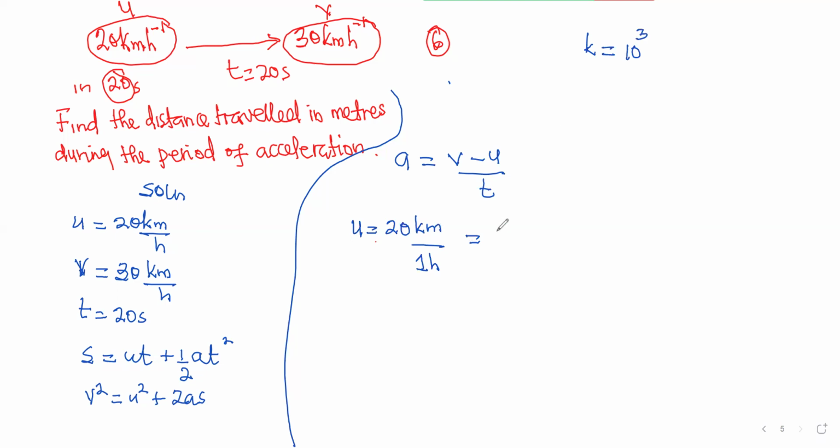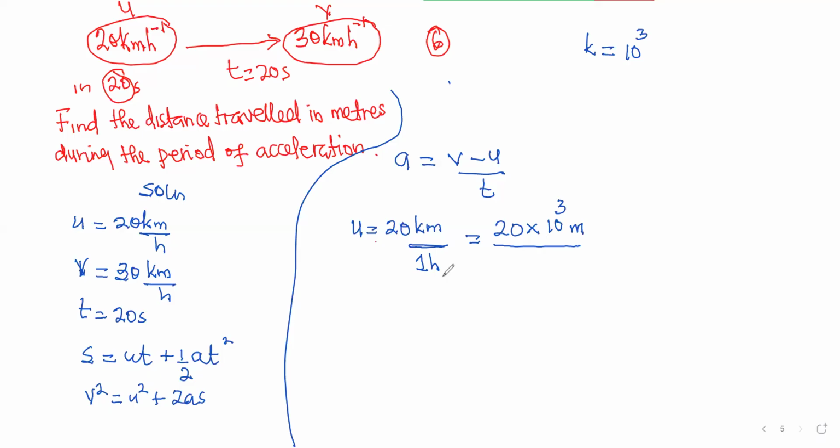So if you give me 20 kilometer and I want to change it to meter, all I do is represent the prefix kilo, K, by its actual value, 10 to the power 3, and maintain M. By doing this, I've changed 20 kilometer to meter, and that will be 20,000 meter. Then I must also change 1 hour into seconds.